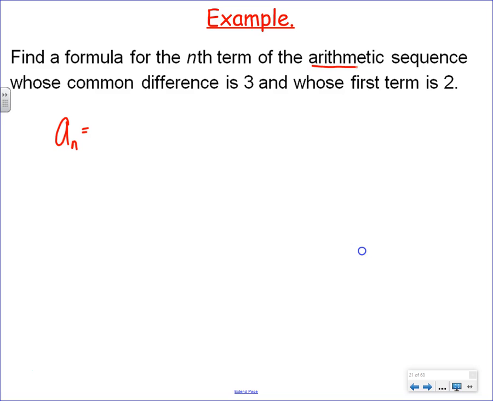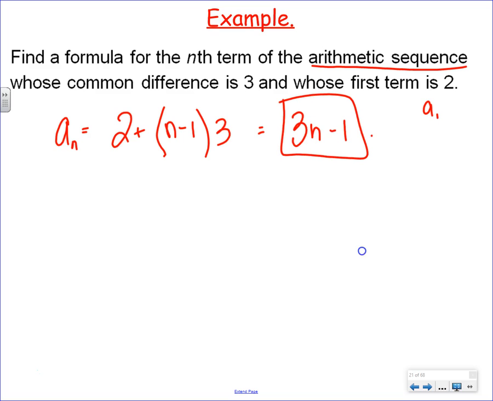Arithmetic sequence, doesn't that mean I can use my cool formula? First term, doesn't that mean a sub 1? They didn't tell me n, so okay, I'll leave it unknown. And the common difference is 3. Now, if you wanted to be snazzy, could you go ahead and simplify that to be 3n minus 1? You could. But isn't it technically just plugging in to begin with?